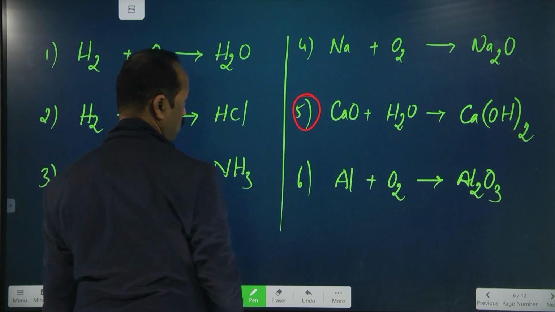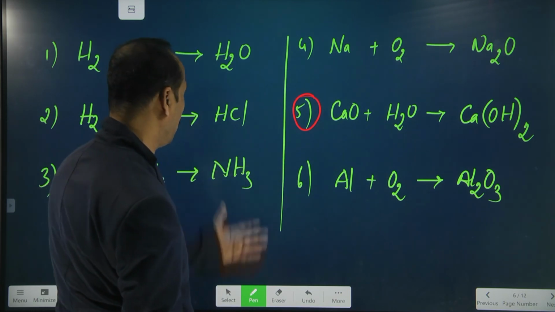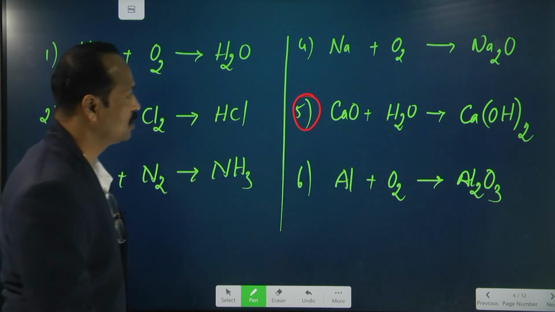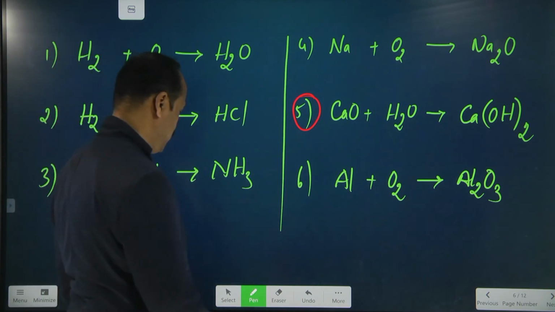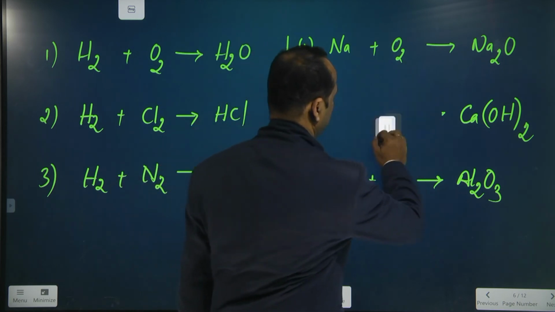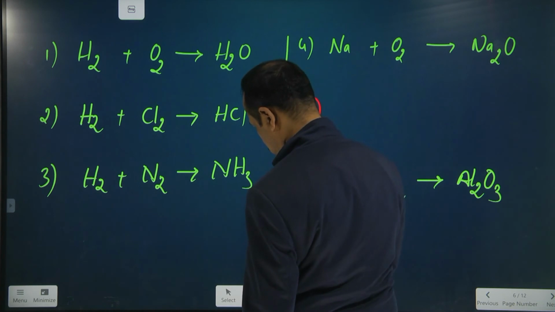CaO should be there, but it's already balanced. This calcium oxide in water gives rise to calcium hydroxide. So that's balanced. You take the other one. That's already balanced.